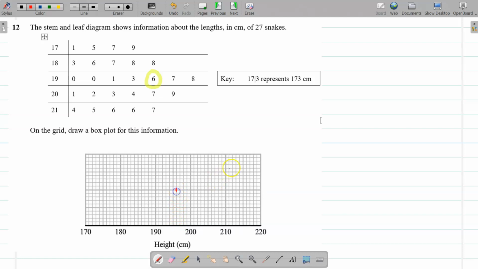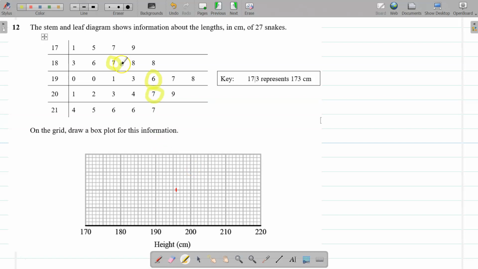Okay, that's the median. Then I've got 13 to the left, and I want the middle of that, which is the 7th one. 1, 2, 3, 4, 5, 6, 7. So it's that 7 there. And afterwards, I want the 3/4 of the way along. So I need to go back 1, 2, 3, 4, 5, 6, 7, and then I've got 6 to the right and 6 to the left, and that one there.